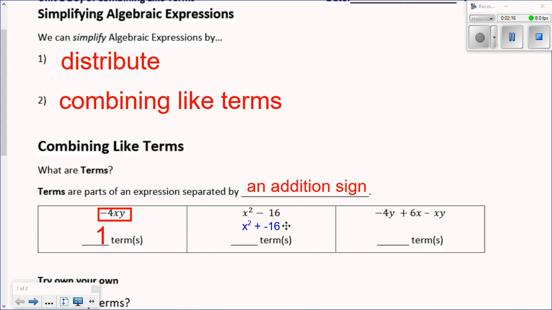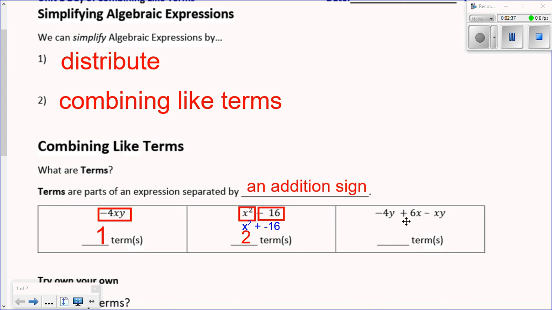It means the exact same thing. So when you see a minus sign, that minus sign is just being tacked on to the number right behind it. So our two terms are x squared and negative 16. Just lump it with the one that's right behind it. So there are two terms there.